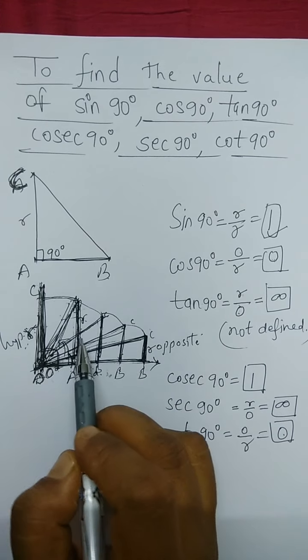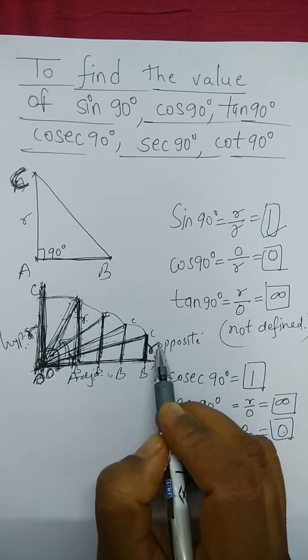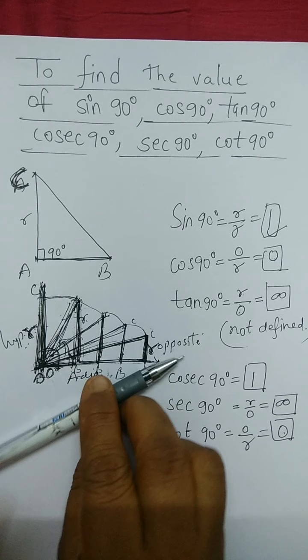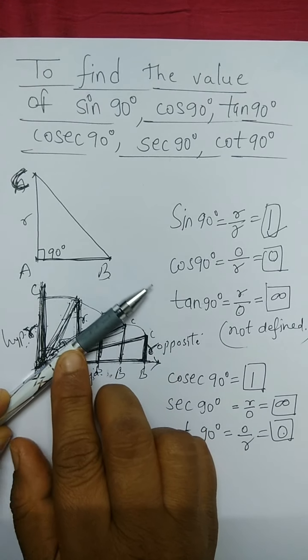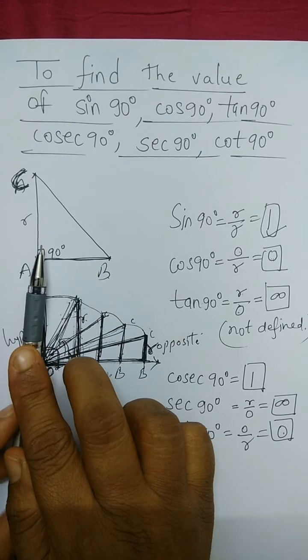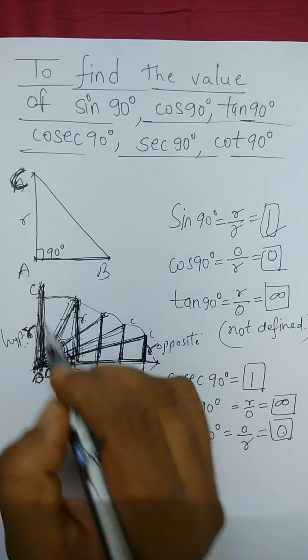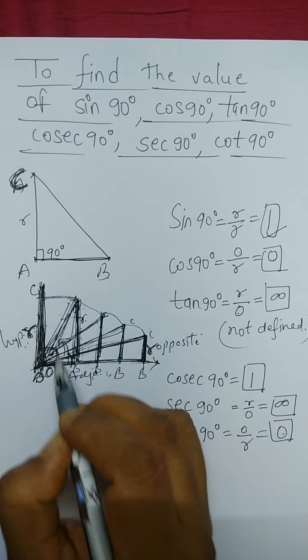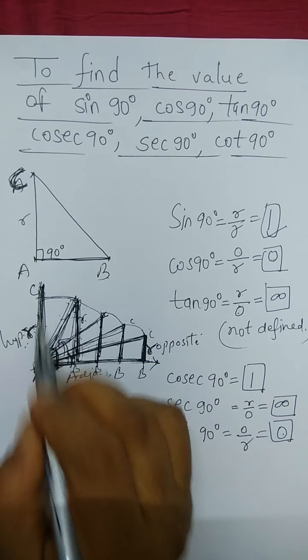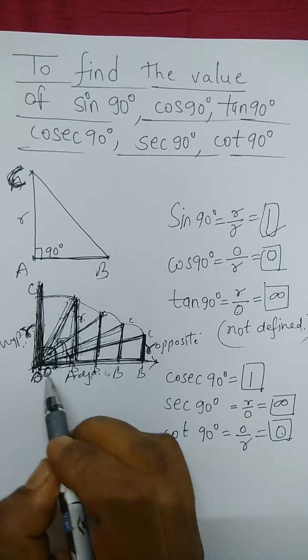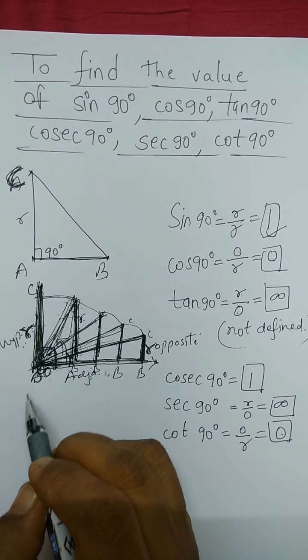So hypotenuse and opposite side value I am taking as R, because when the angle shifts like this, the opposite side also will shift, and at 90 degree both will become coincident, and B will decrease and become 0.